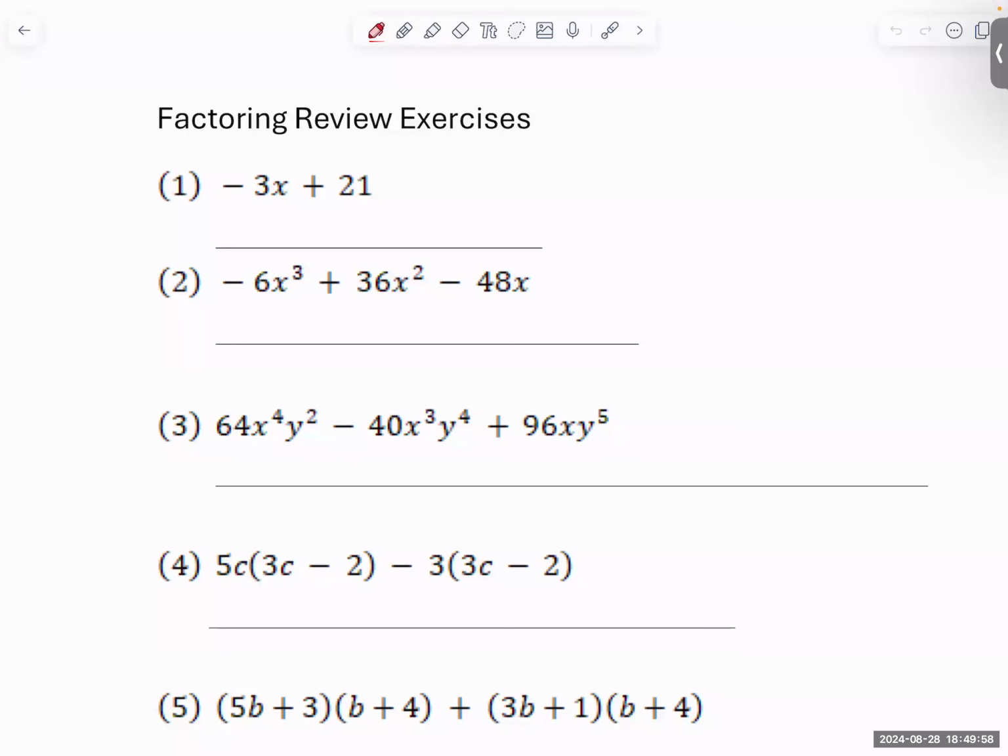So let's factor problem 1, negative 3x plus 21, a binomial which is not any special pattern. We look for any common factors and factor out the greatest common factor. And by definition, greatest common factor is a positive quantity greater than 0, so we'd factor out positive 3.